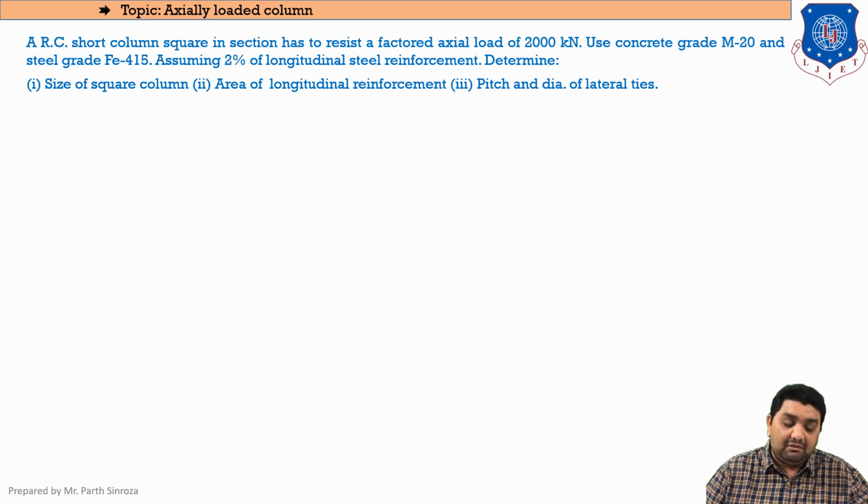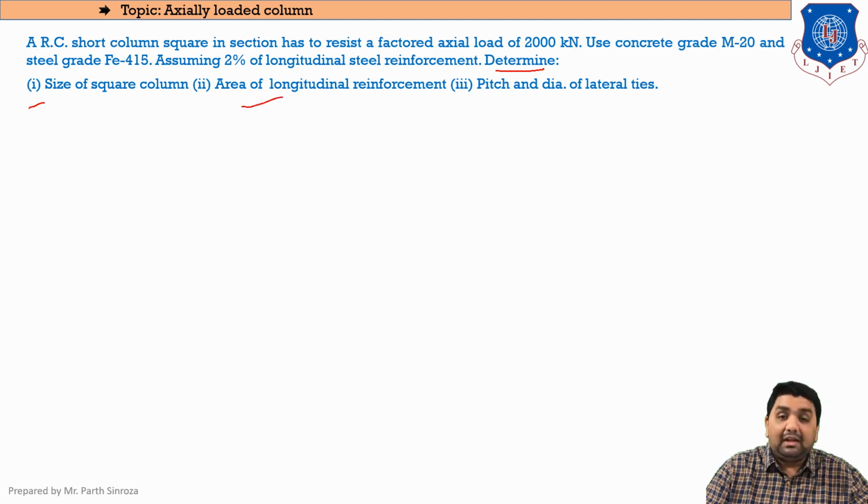So in this case, it is given that the steel content is 2% of longitudinal reinforcement, that is 2% of the total gross section area. If we take AG to be the gross section, then the steel content, ASC, will be 2% of AG. And it is asked to determine three things. The first is the size of the square column, that is the dimensions.